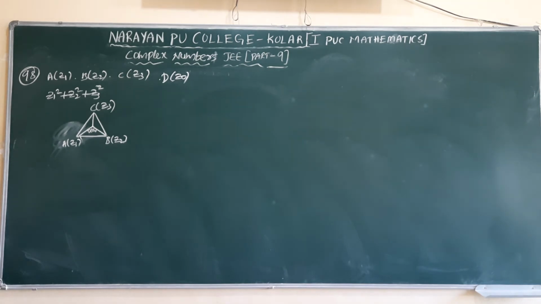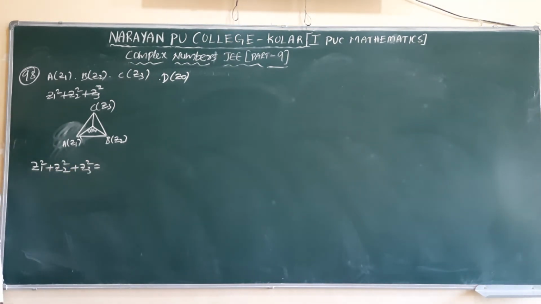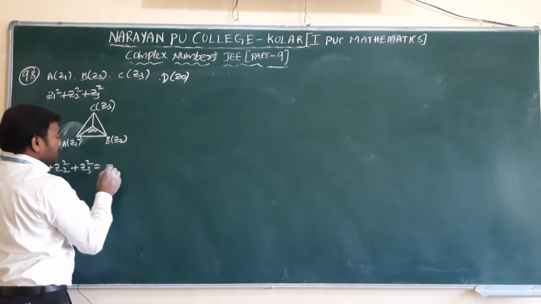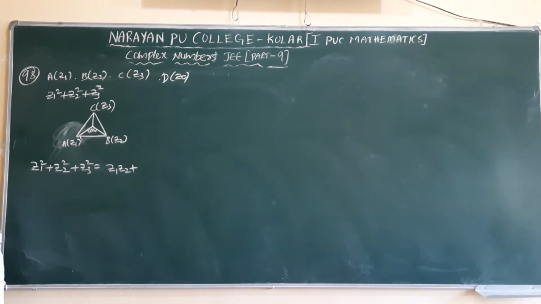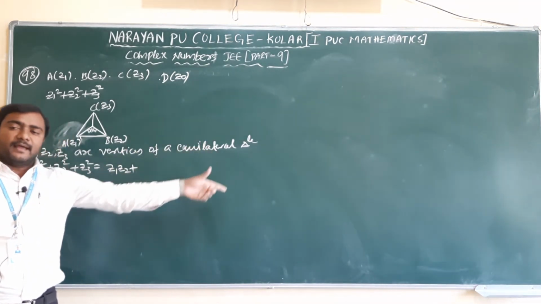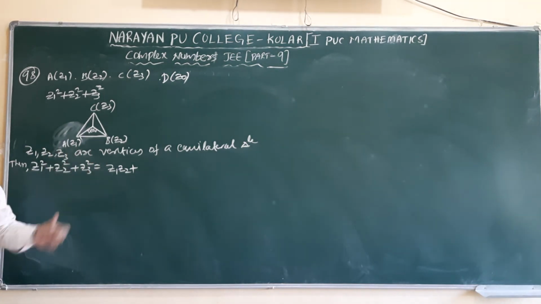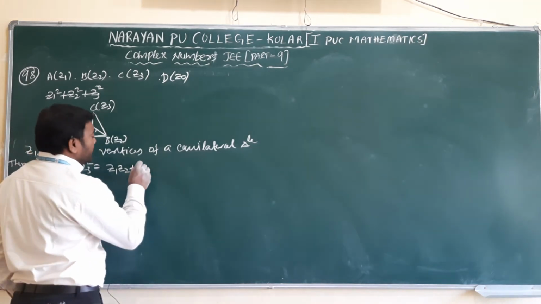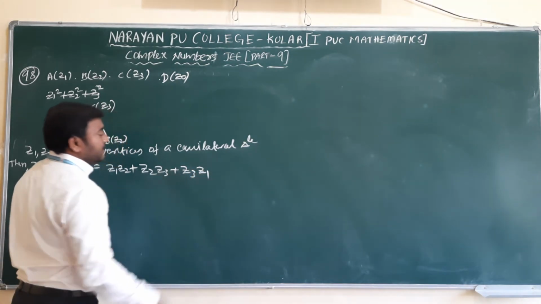But you know the condition: since Z1, Z2, Z3 are the vertices of an equilateral triangle, Z1 square plus Z2 square plus Z3 square is equal to Z1 Z2 plus Z2 Z3 plus Z3 Z1.